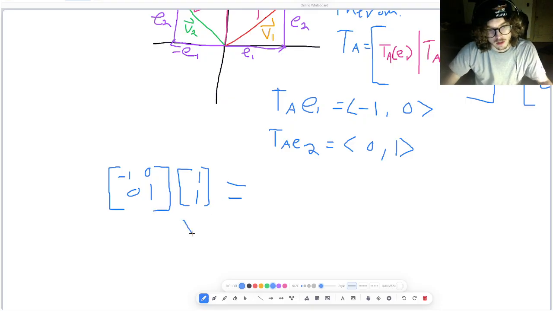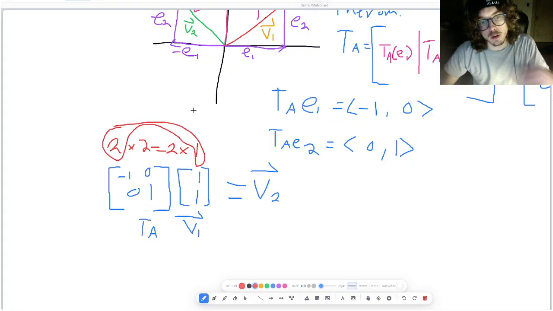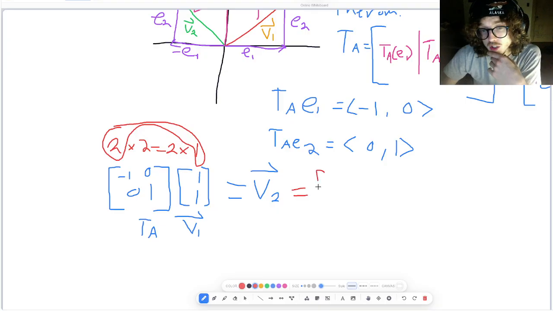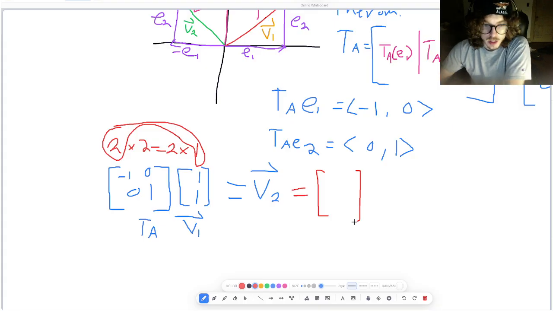So this is T of A, and we're going to output V2. Notice this is 2 by 2, this is 2 by 1, right? The size of our output vector will be 2 by 1, which is a vector, the same dimension as V1.